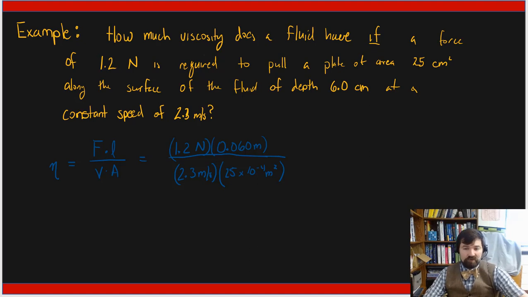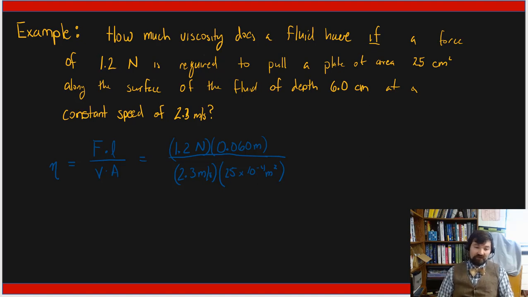So this you plug into your calculator, and I'm going to use this calculator today. So 1.2 times 0.06 divided by 2.3 divided by 25 times basically 10 to the 4. And you end up getting a viscosity of 12.5.